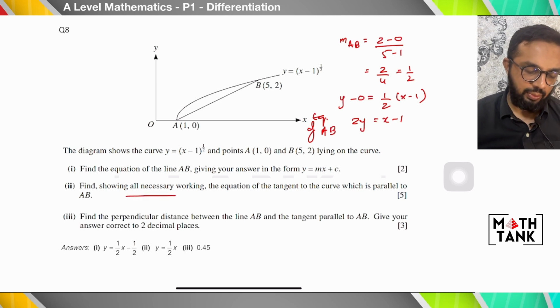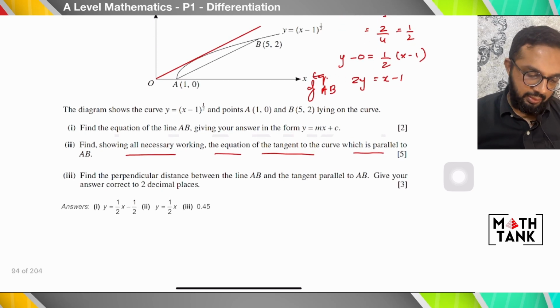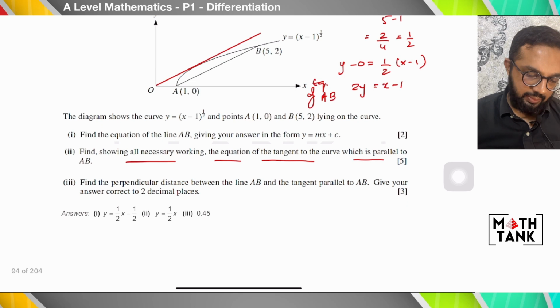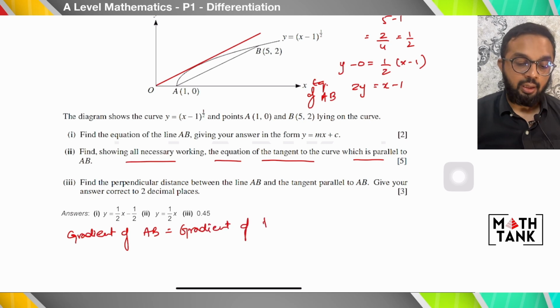And it says find, showing all necessary working, the equation of the tangent to the curve which is parallel. So there must be a tangent that's parallel here, and let's quickly go on and do that. Whatever the gradient of AB was, the gradient of AB is equal to the gradient of the tangent. And how do I find the gradient of the tangent? By using differentiation.